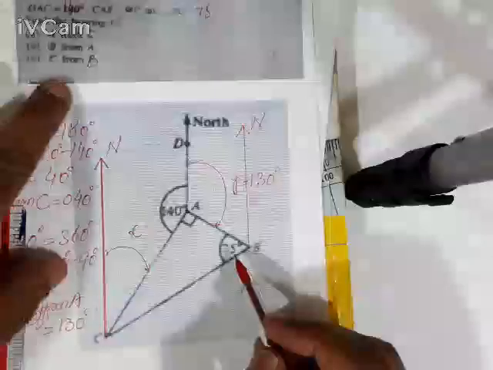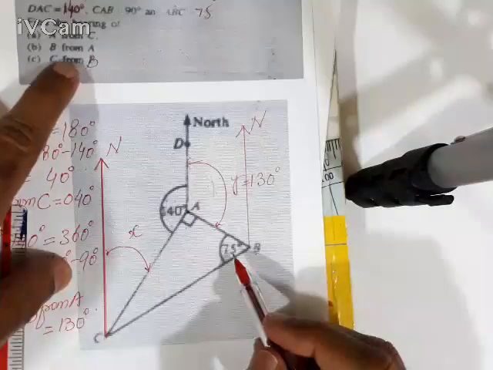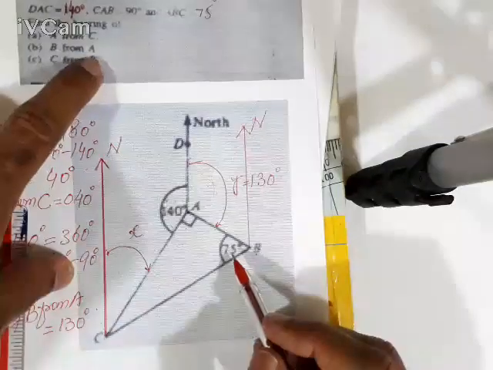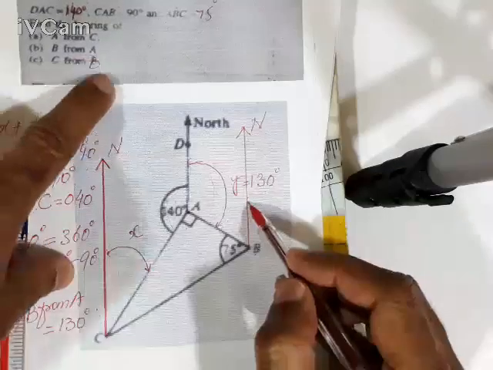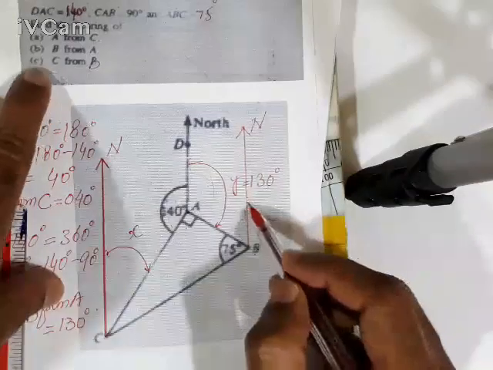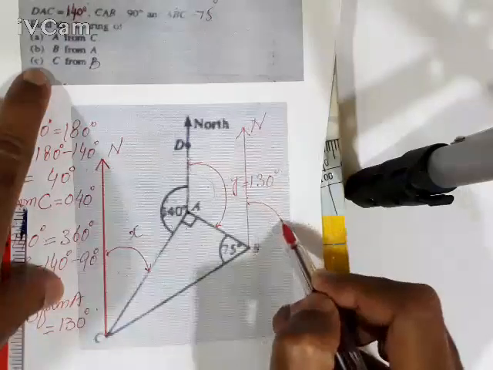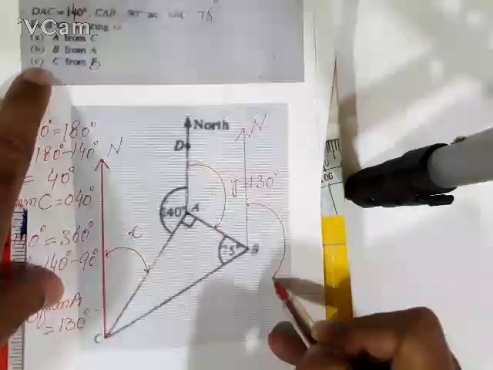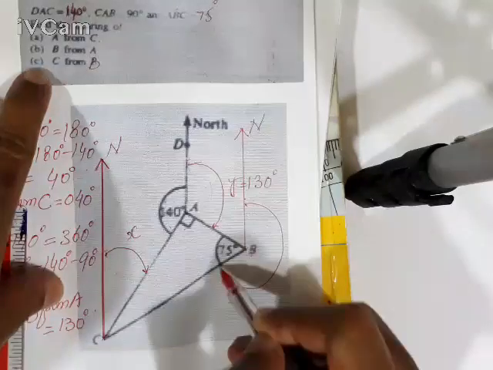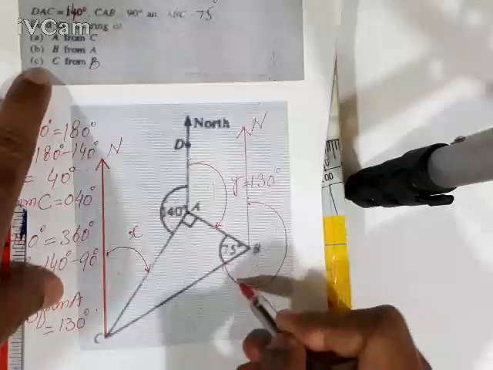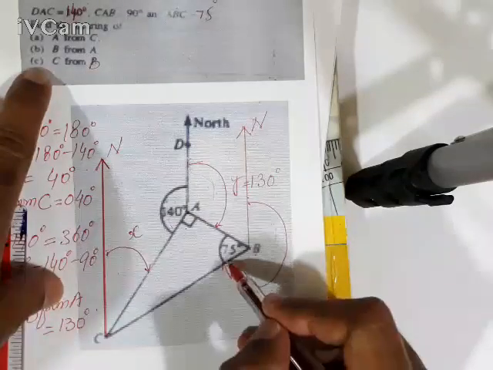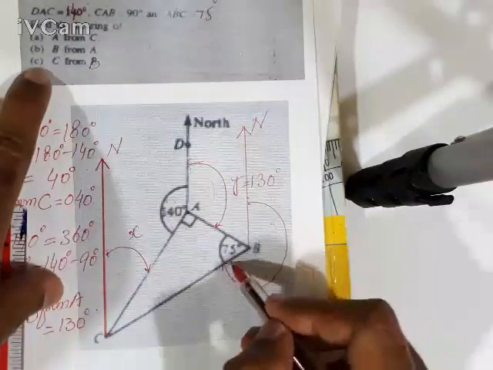And the question says the bearing of C from B. From B we have to draw the north direction and move toward point C. So from this side we will move toward point C and touch this line. So basically we have to calculate this outer angle.